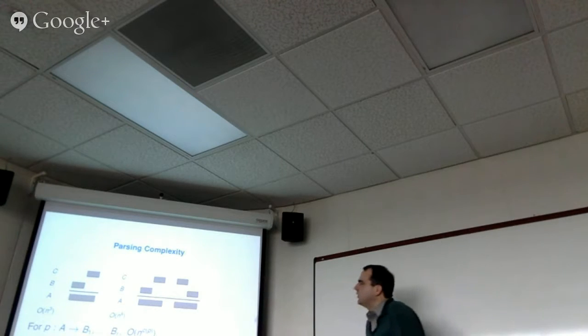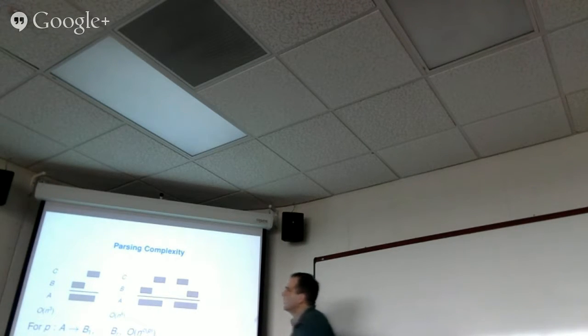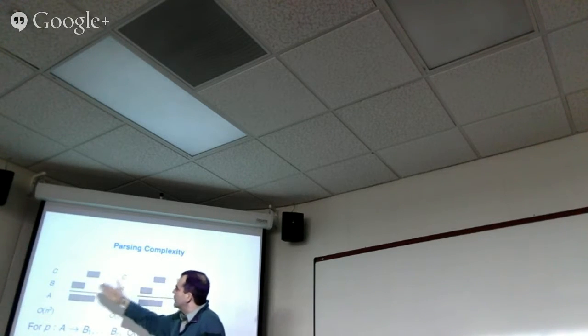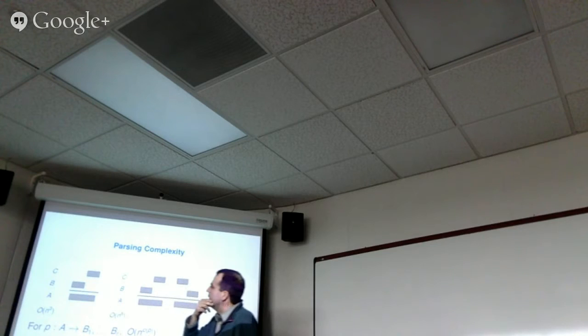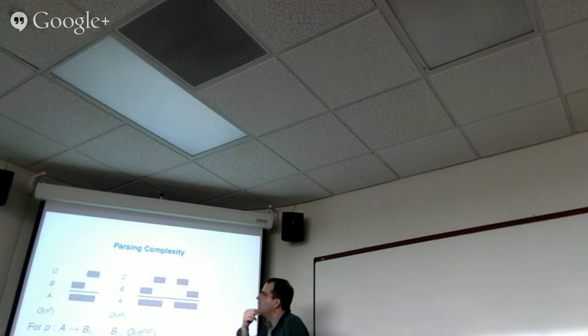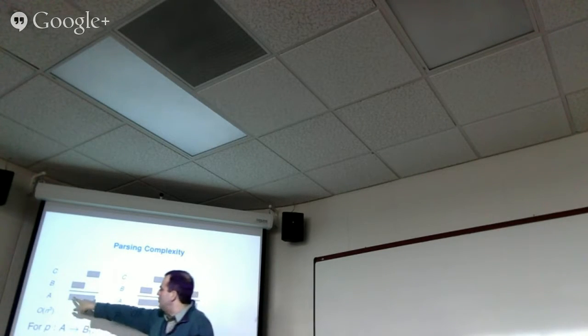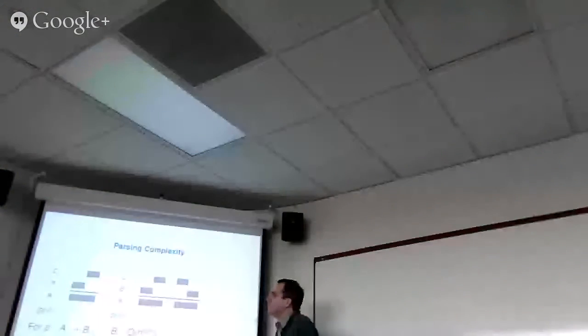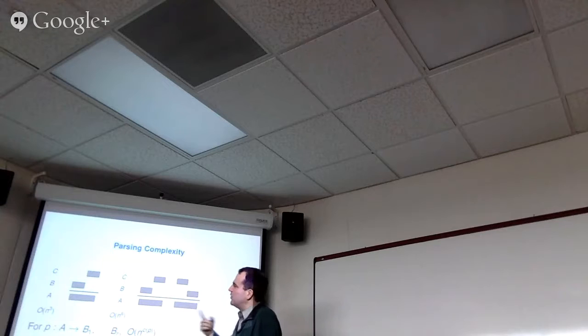And it makes sense because the parsing complexity is the total number of indices into the string. So it's the total number of endpoints of these spans. And every span has 2 endpoints. So that would be 2 times the total fan out. But every endpoint is used twice in the rule.